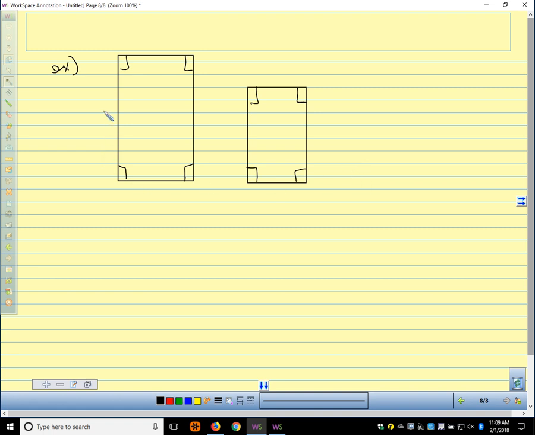I'm going to say this is 10 and this is 4. Whoops, I did it backwards. This one is the bigger one. So this is 10 and this is 4 and this is 16 and this is 6. And we want to know, are these similar?